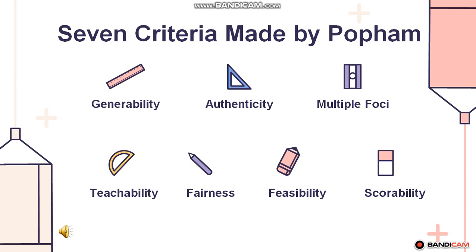And then fairness means whether the assignment given is fair to all test participants. Feasibility means whether the tasks given in the performance assessment are relevant to be carried out considering factors such as cost, space, time, and equipment. For the last, scoreability means whether the task can be scored accurately and reliably or not.